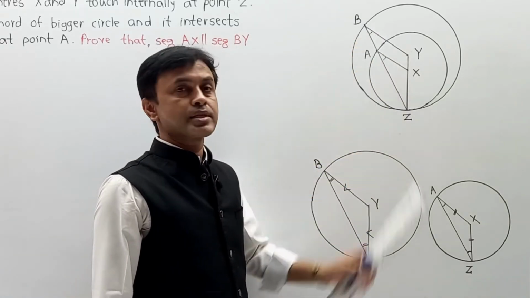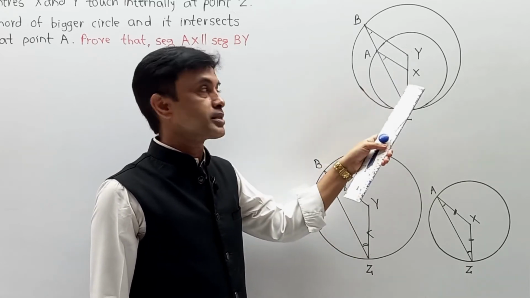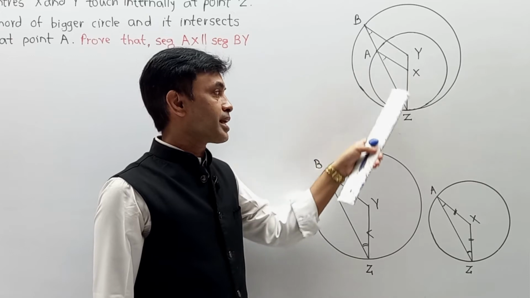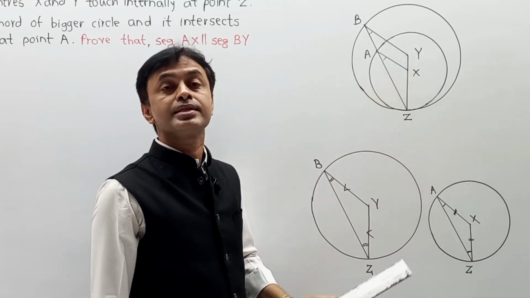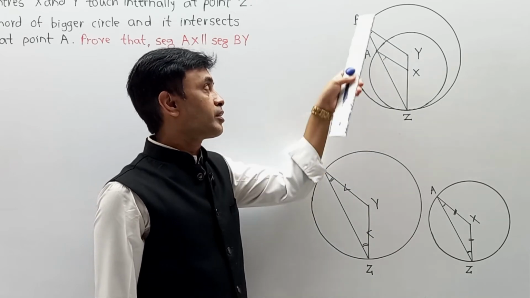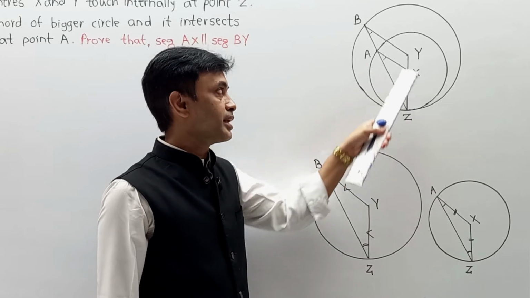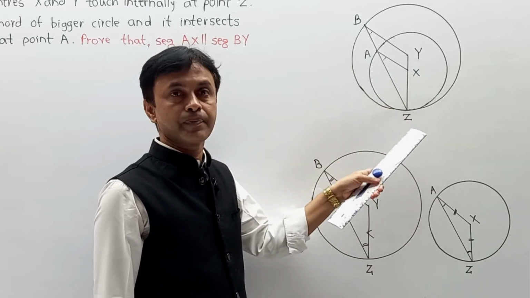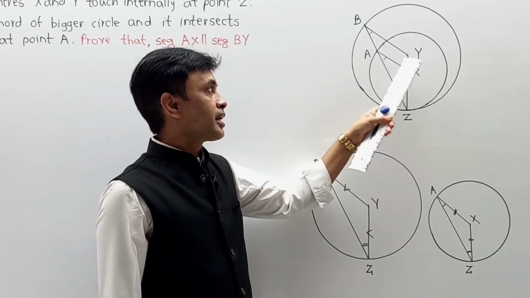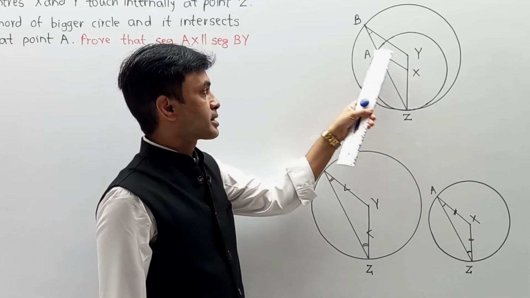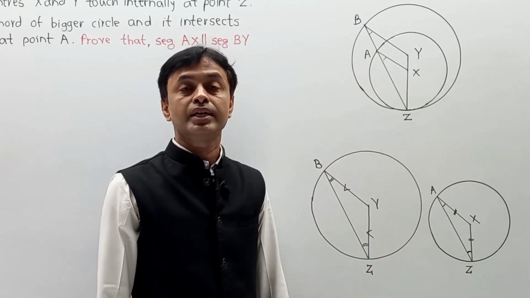Now if these two angles become congruent, then naturally these are corresponding angles, where BZ is a transversal, and naturally XAZ is congruent to YBZ from 1 and 2. Then your segment AX is parallel to BY, and we are going to write all this part in number 3.